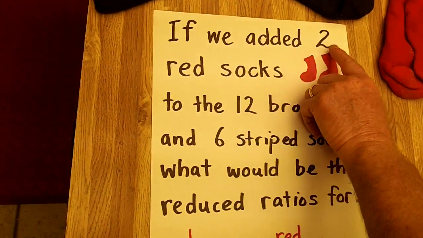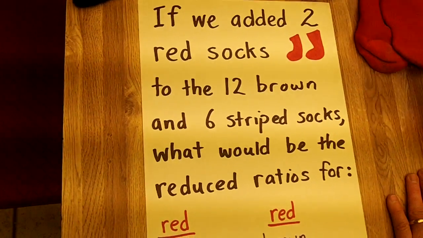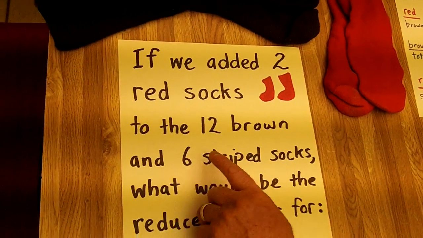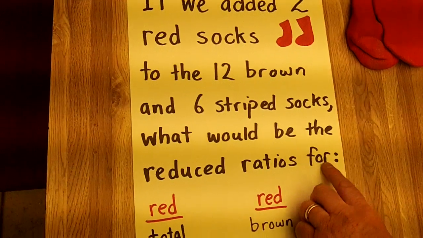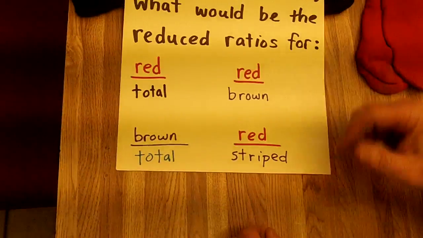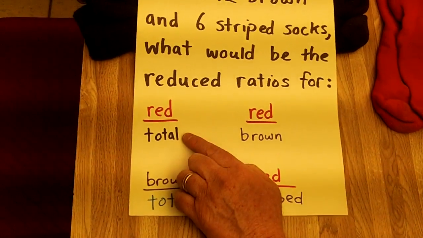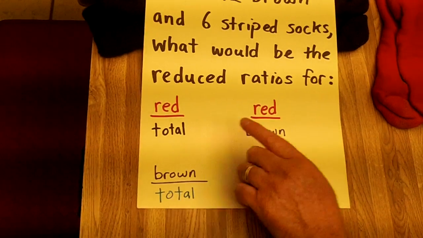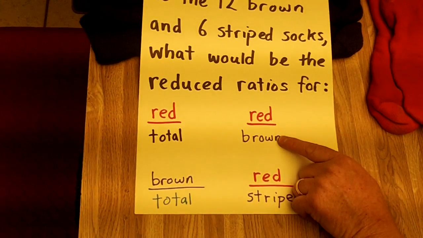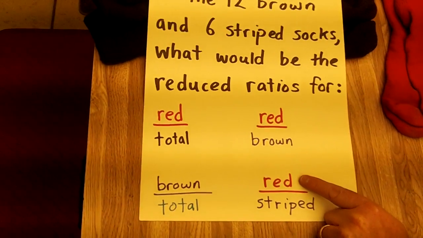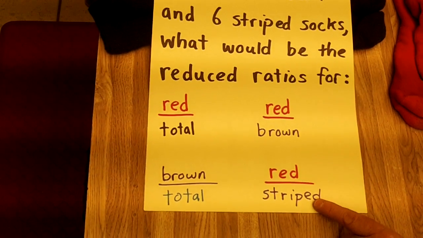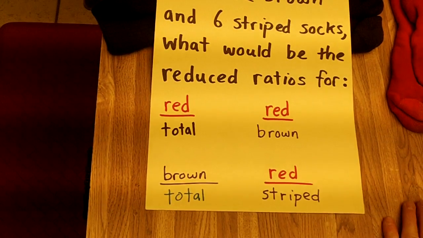If we added 2 red socks, there they are, to the 12 brown and 6 striped socks, what would be the reduced ratios for the number of red socks to the total number of socks, the number of red socks to brown, the brown socks to the total, and the number of red socks compared to the number of striped socks?